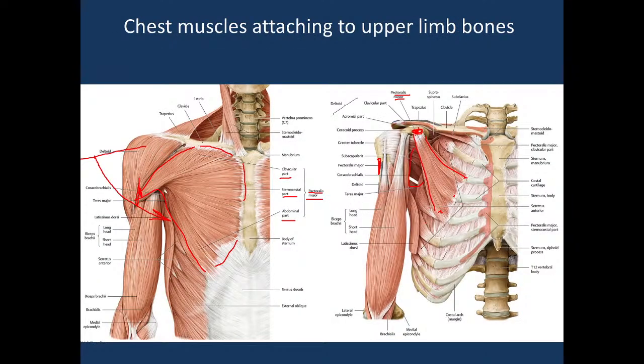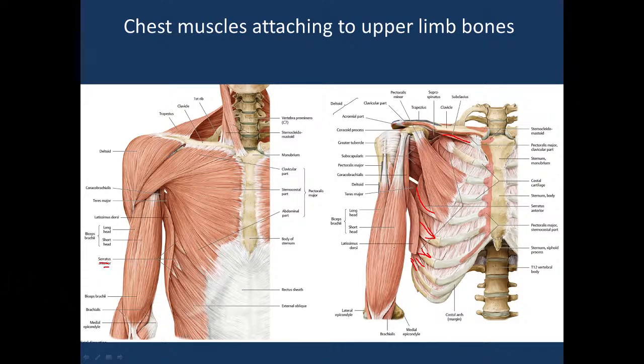Sorry, I forgot to show you another two muscles of the superficial layer, or muscles attaching to the upper limb. This is a small subclavius muscle, and here you see usually six or so small sharp parts of the serratus anterior muscle.